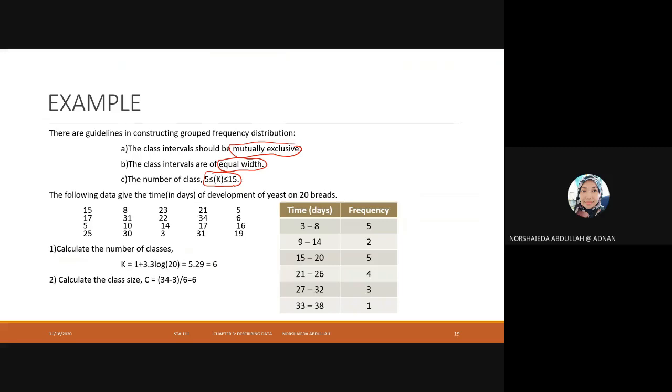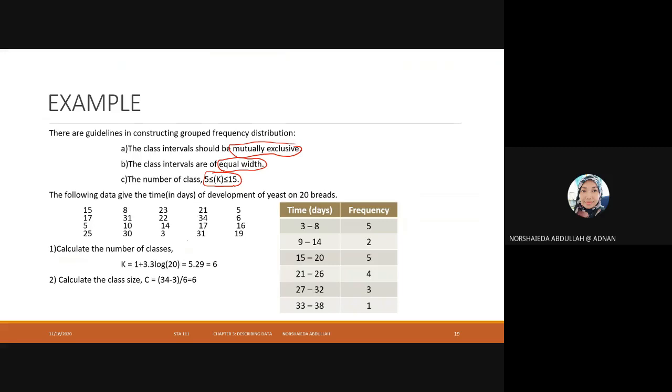Alright. So for example, let's say we have this data: the time in days of development of yeast on 20 breads. So this is the data. First step, we need to calculate the number of classes. Number of classes is 1 plus 3.3 log n.